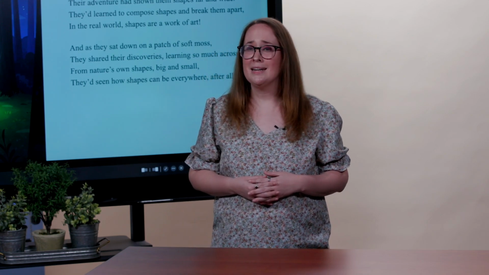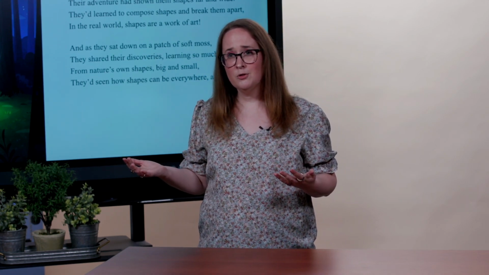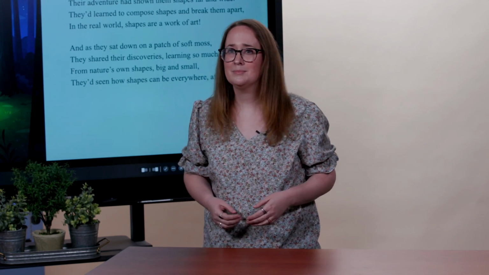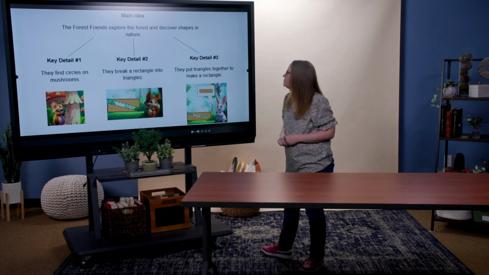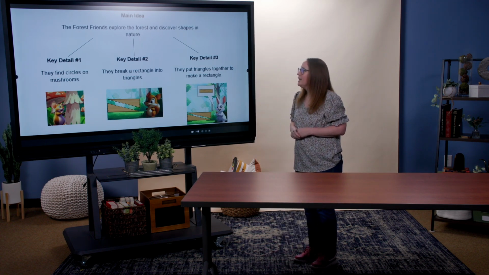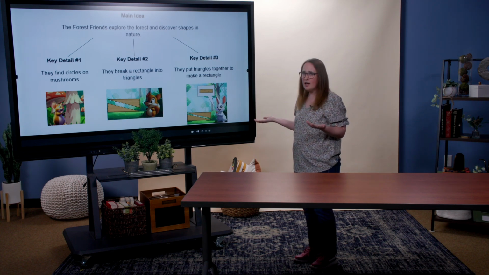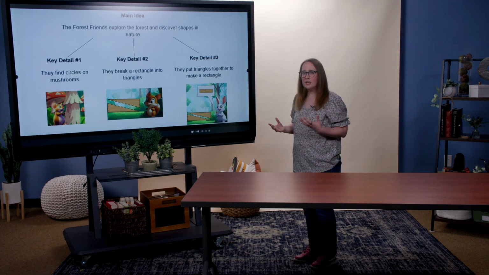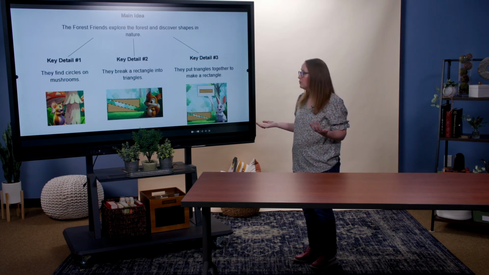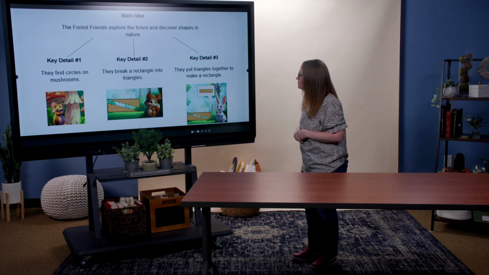Great job finding the main idea of our story. Let's look at all this on a chart for us to better understand. Here we have our main idea. The forest friends explore the forest and discover shapes in nature. We figured this out from details or clues, things that kept popping up over and over again.